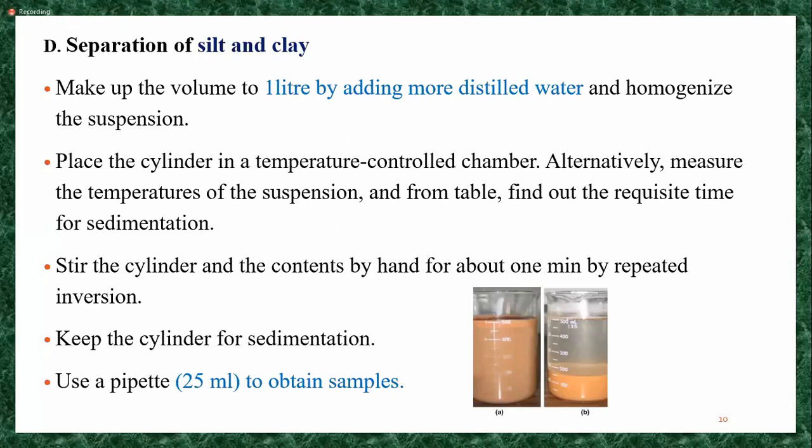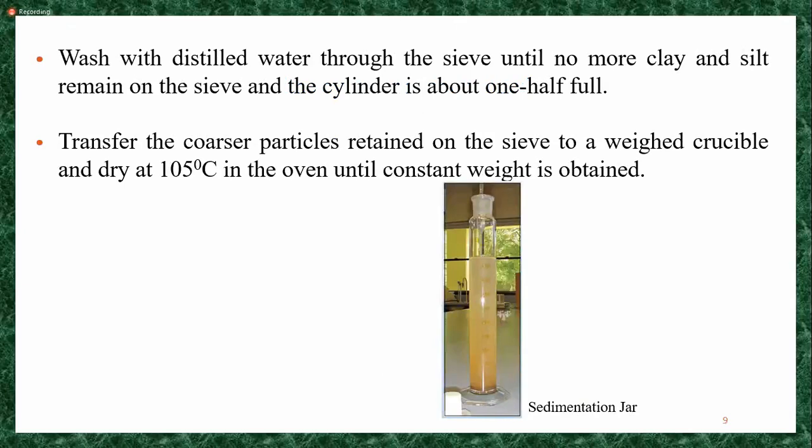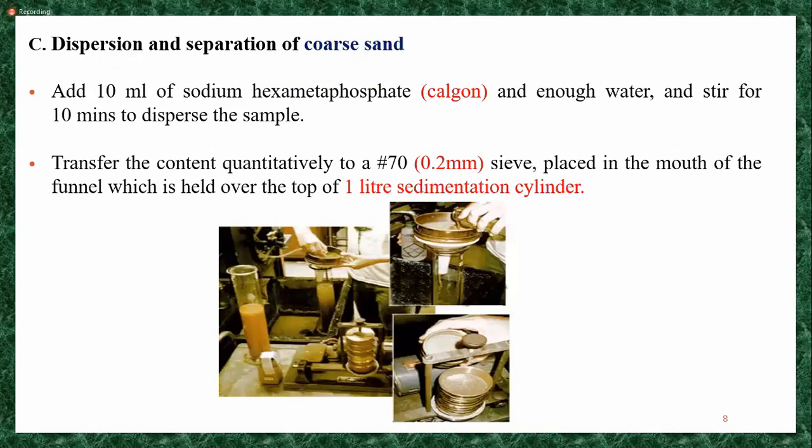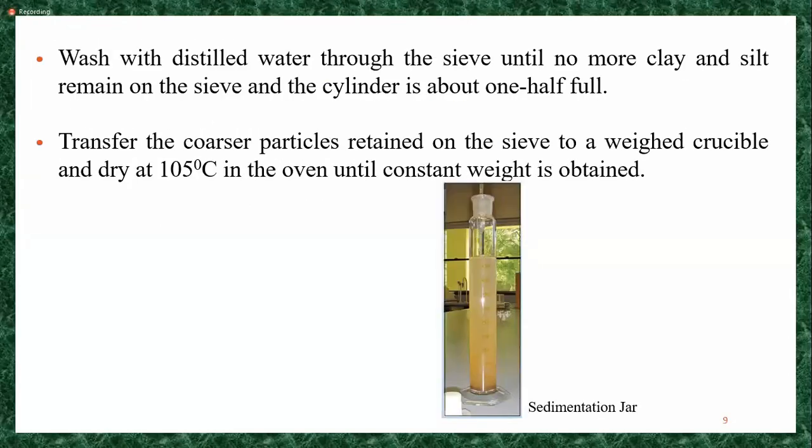You already take a 1 liter sedimentation jar. I think you already added 10 milliliter of sodium hexametaphosphate, and you use the 0.2 millimeter sieve to pass some amount of soil and you add water.